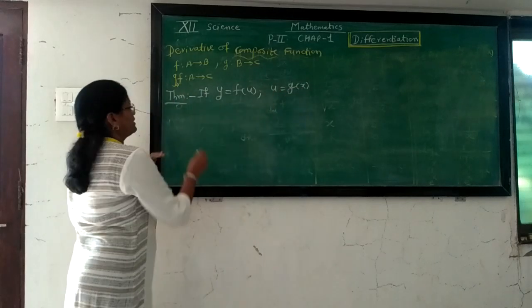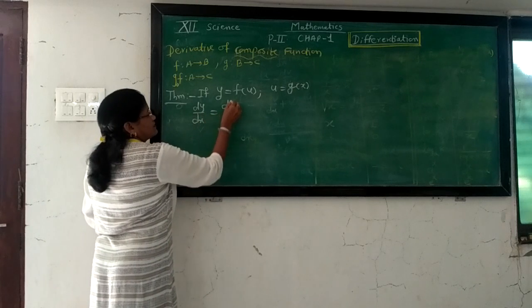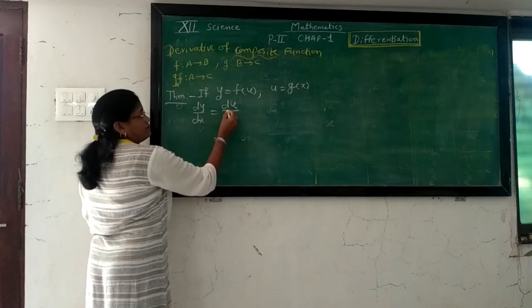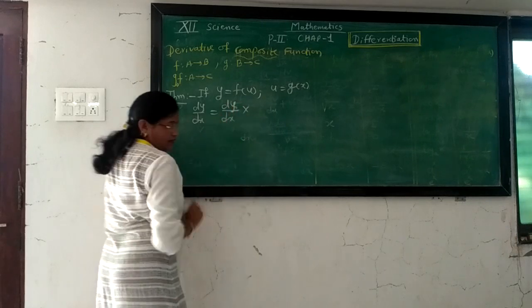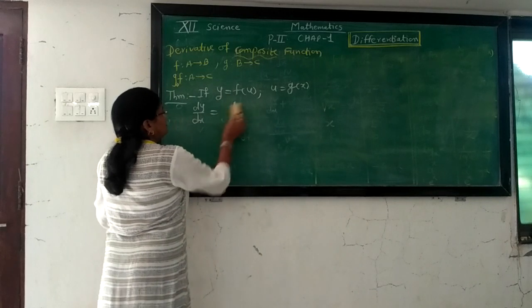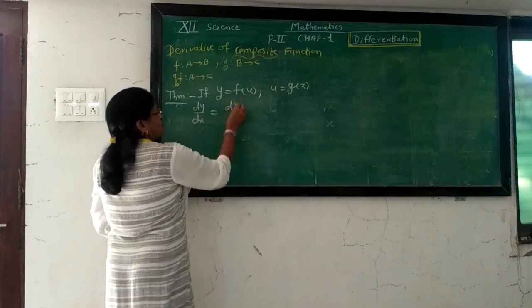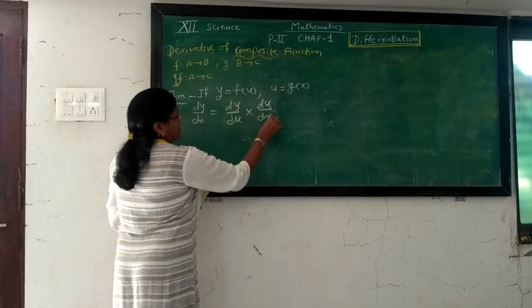So directly we can state that dy by dx is equal to dy by du multiplied by du by dx.